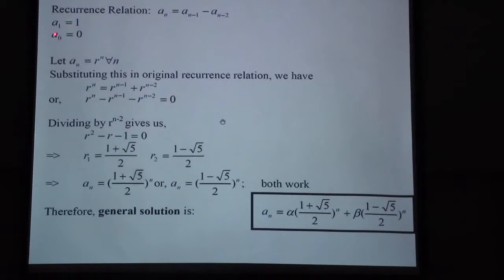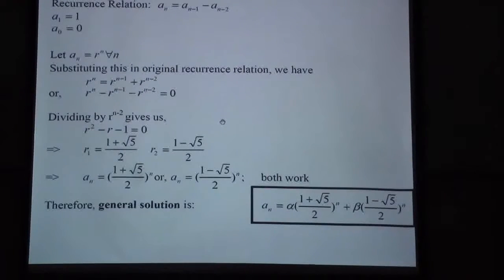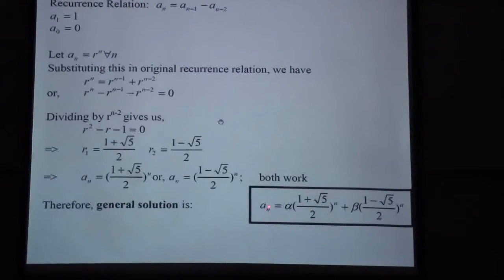Okay? Because we want to solve a specific recurrence, meaning the recurrence and specific conditions, we have to now plug in A0 and A1, 0 and 1, into the formula. So clearly, when we plug in A0, which is equal to 0, 0 is going to equal what plus what? Alpha plus beta. Because when n is 0, this is 0, this is 0, this is 1, so it's alpha plus beta.